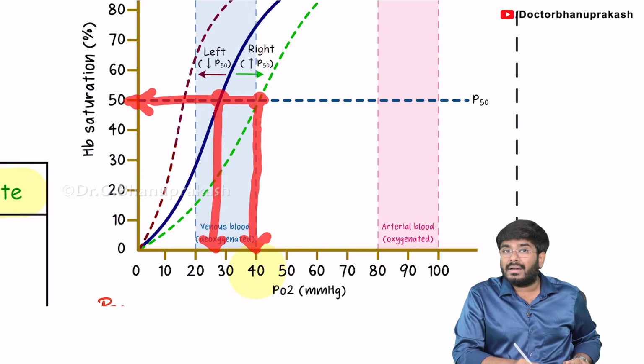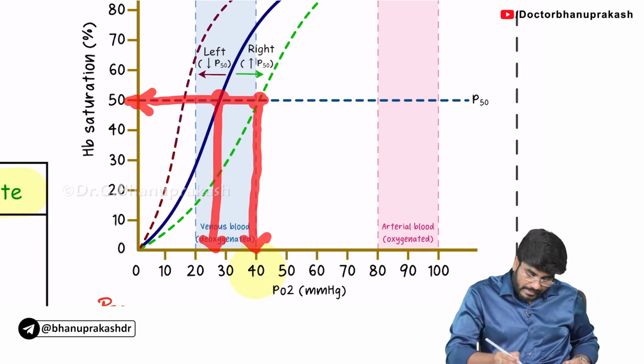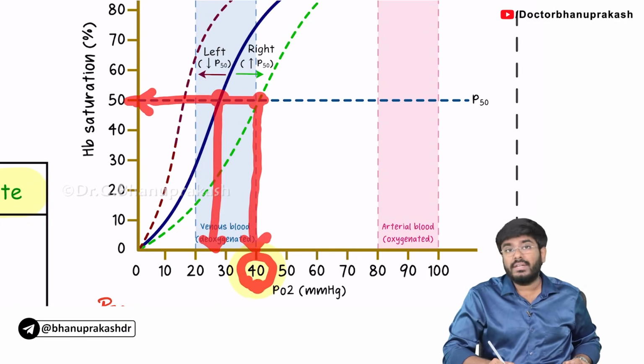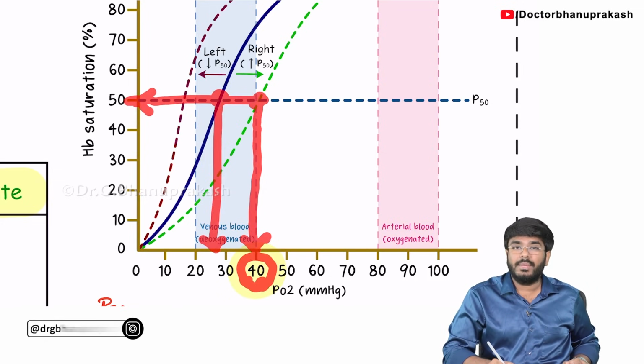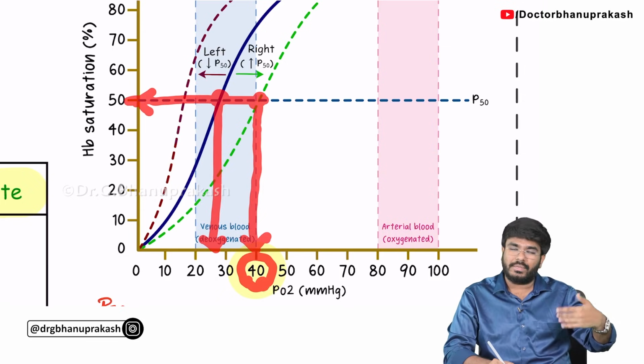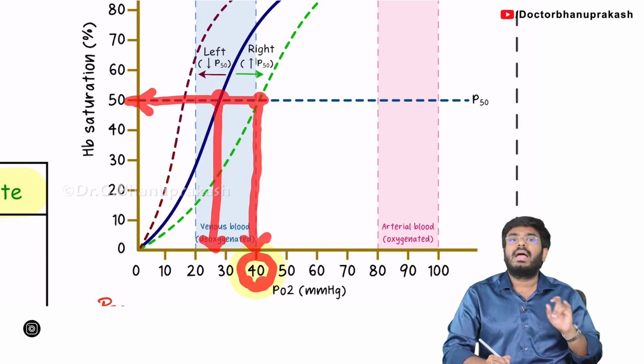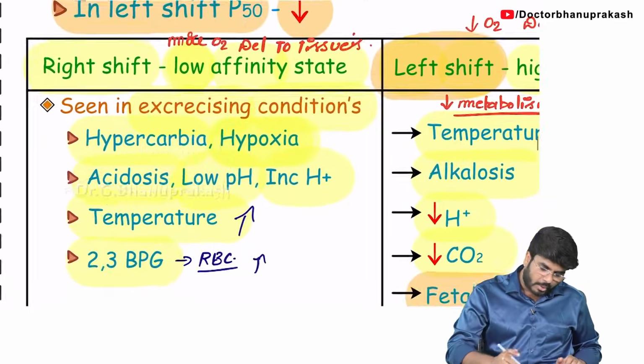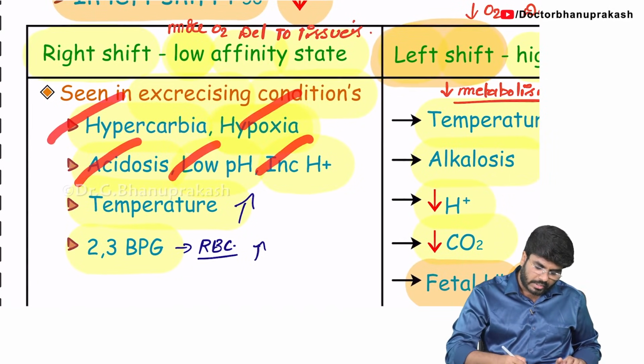In high metabolism conditions, in exercising conditions, at high partial pressures itself, at 40, the hemoglobin becomes more desaturated, releasing more oxygen, because of the kind of environment there is in the body. So this environment also influences.